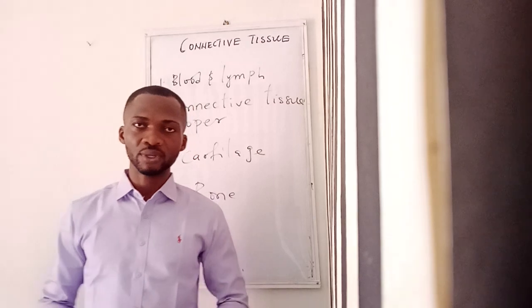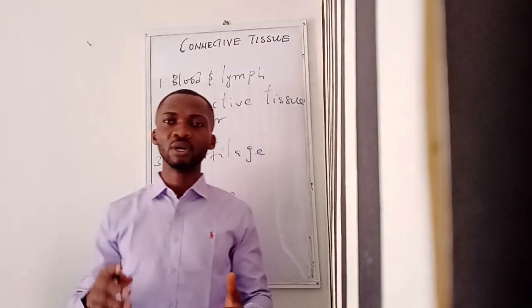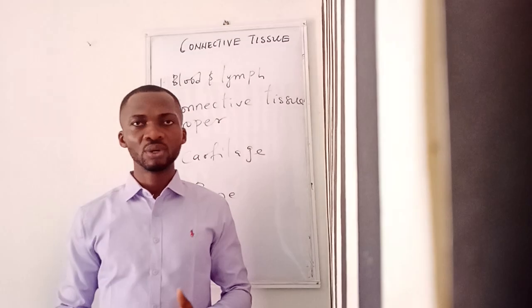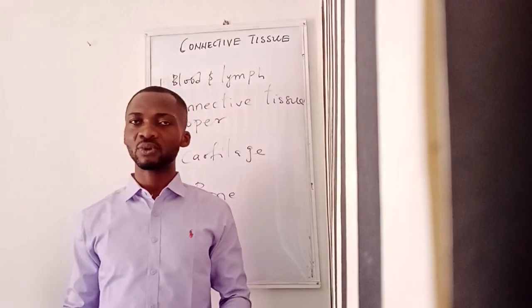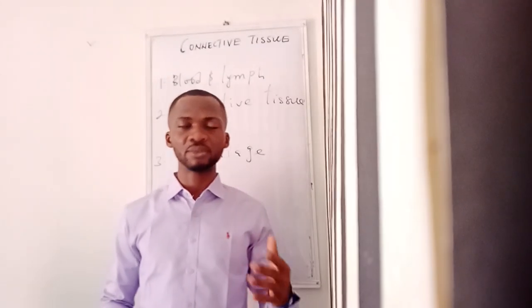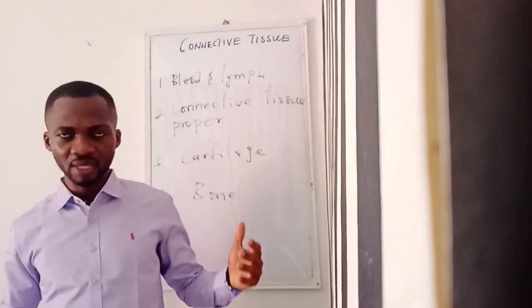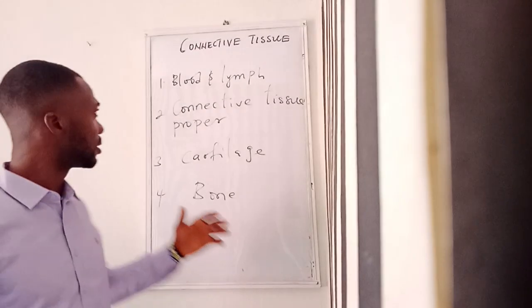That is what a tissue is. And I also said we have four different types of tissues. We have the epithelial tissue, the connective tissue, muscular tissue, and the nervous tissue. And I've taken time to explain the nervous tissue, the muscular tissue, and the epithelial tissue. So in today's class, I will just talk about the connective tissue.